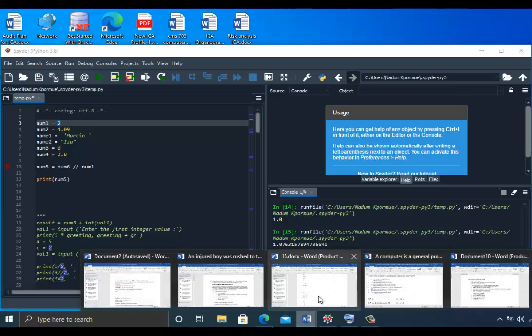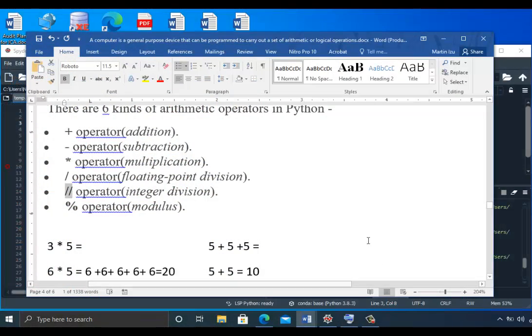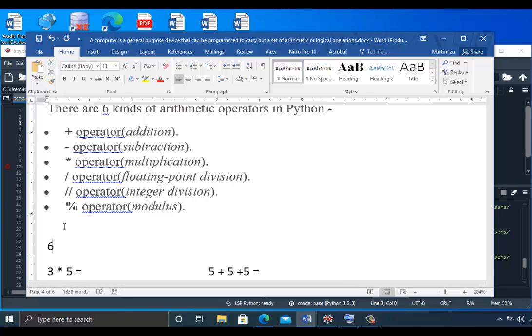Let's go back again to that analogy and look at what we have there. When we say 6 divided by 2 in mathematics, this sign here is division in mathematics. We are not on the IDE, so I'm using this in pure maths.